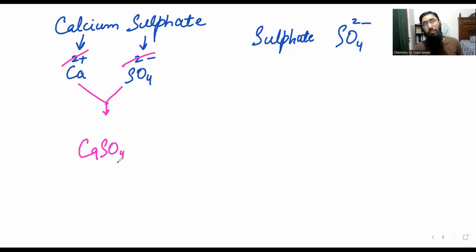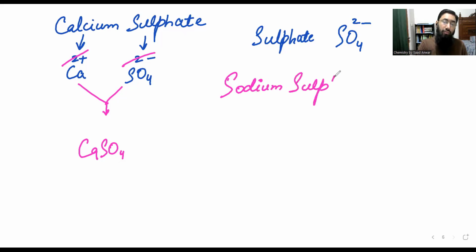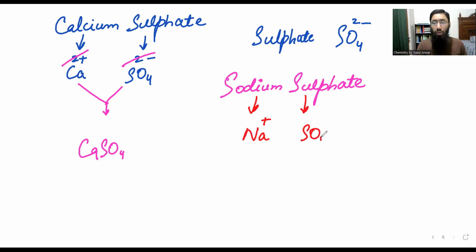And if we need to write the formula of sodium sulfate, from the periodic table we know that the symbol of sodium is Na and it carries a +1 charge. For sulfate we know it is SO4 minus 2.